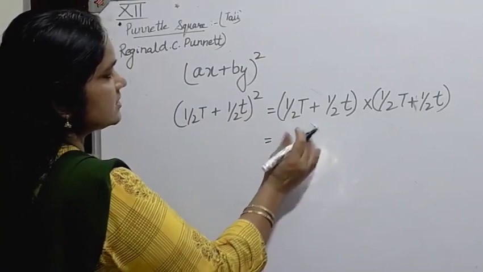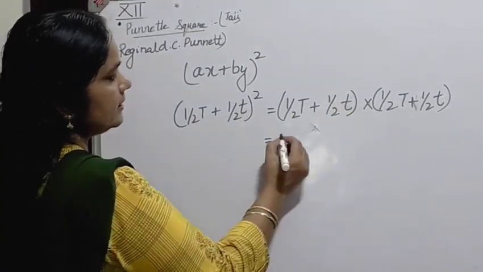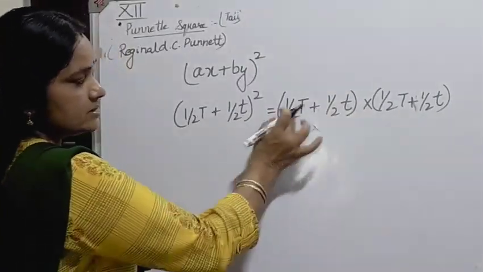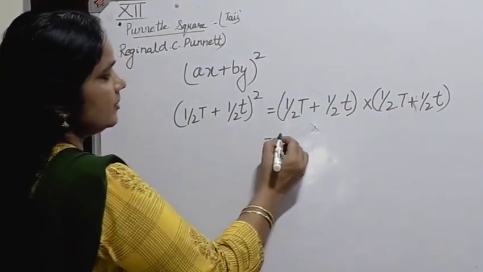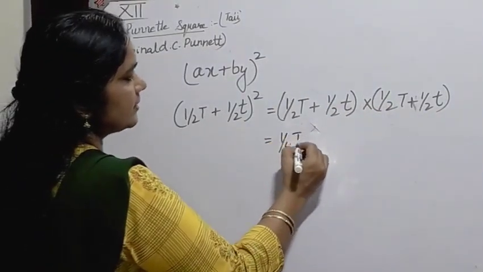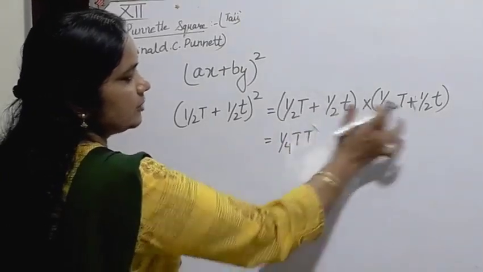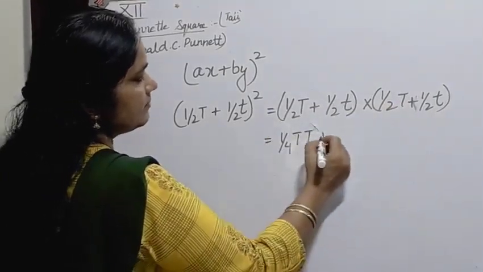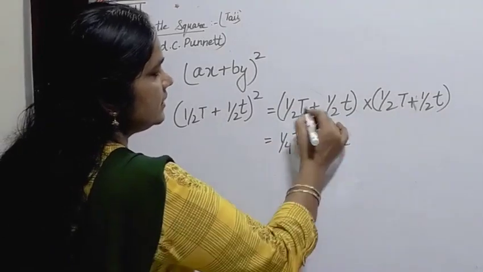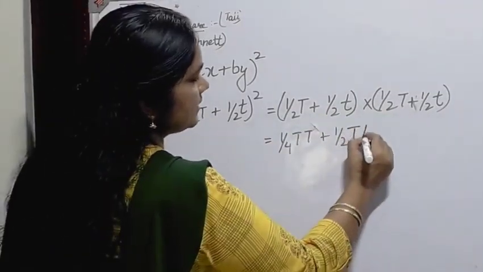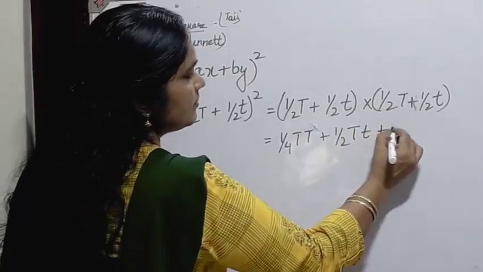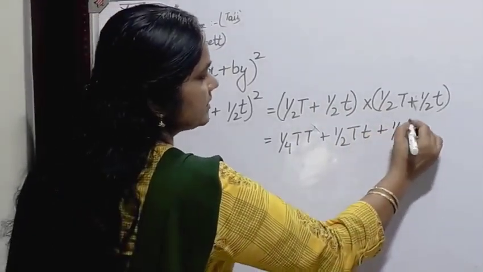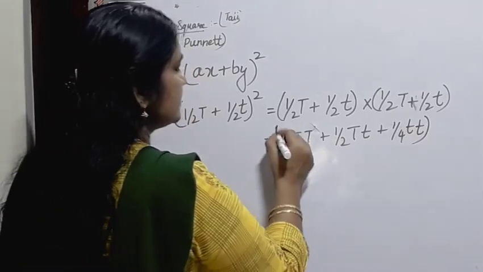Next, when you take the square, the first factor multiplied by the second factor gives 1/4 of capital T capital T, the dominant factor, plus 1/2 of the heterozygous, capital T and small t. The first is the homozygous condition, this is heterozygous, plus 1/4 of the homozygous recessive trait.